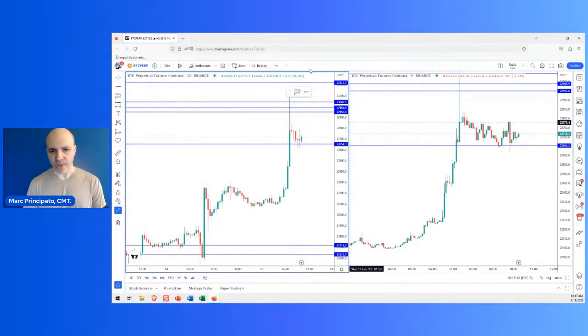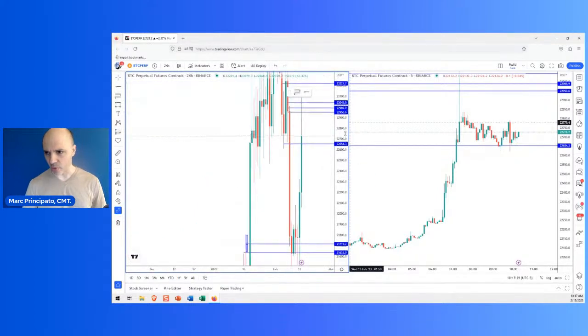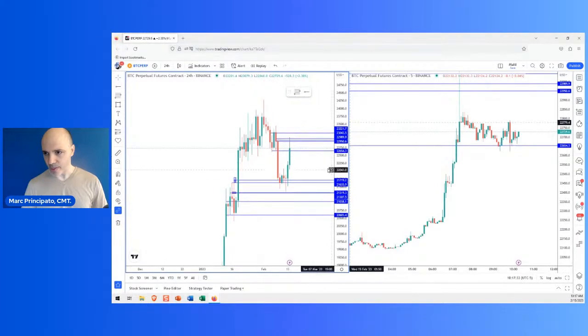But okay, as far as the ABC pullback, okay, cool, no problem, Gary. First of all, that's not really a question for this time frame. That's a bigger picture question. Just to take a look at that real quick, you're asking if this is a B wave. It's possible.